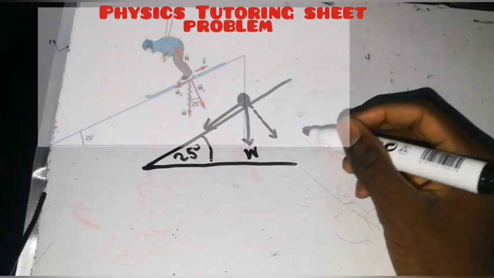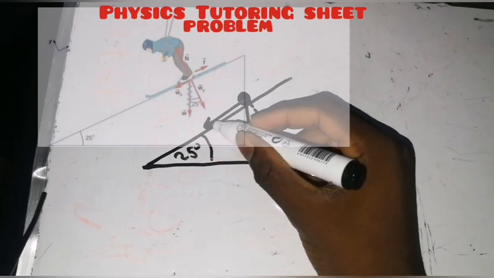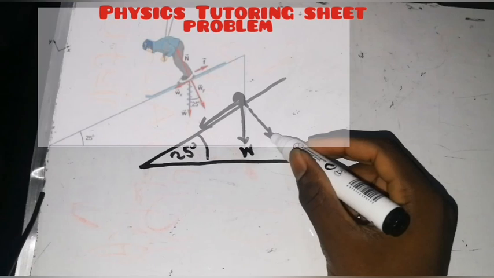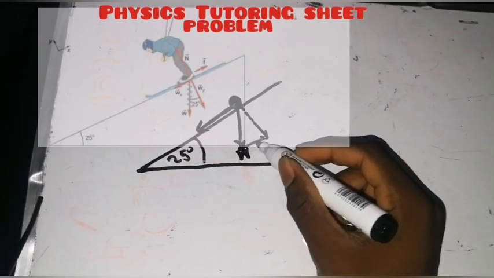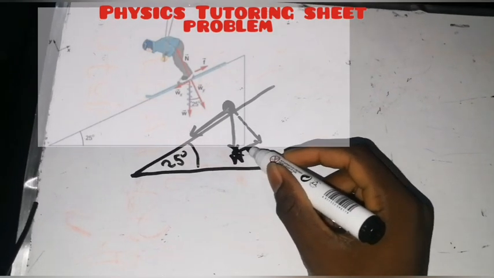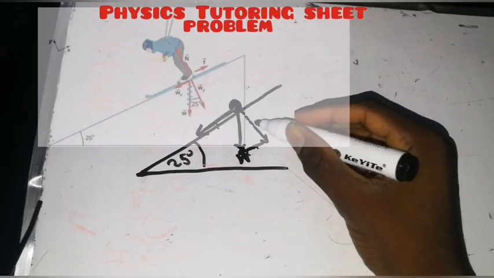Now, this is what you're supposed to do. Since the skier is moving in this direction, we can draw another vector that is equal in magnitude in this direction, representing this one here. So now we can break this down.